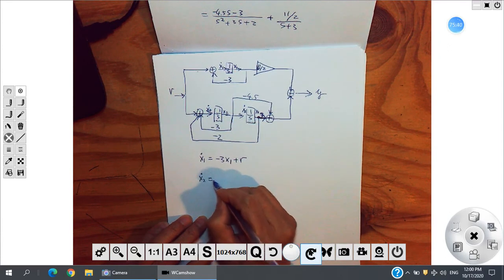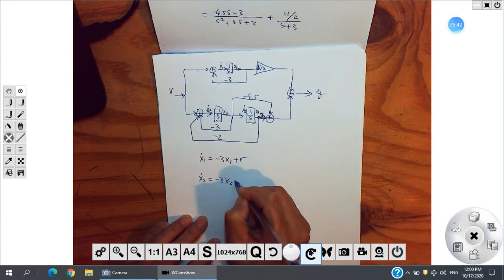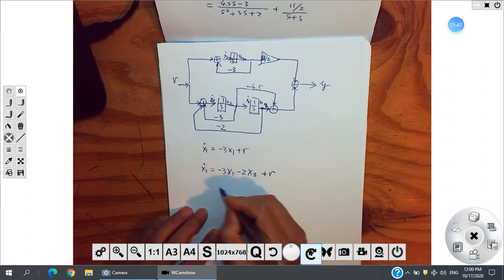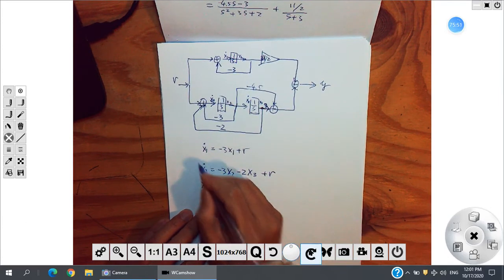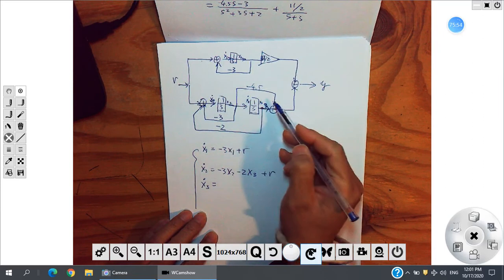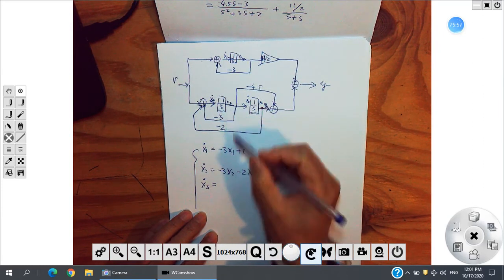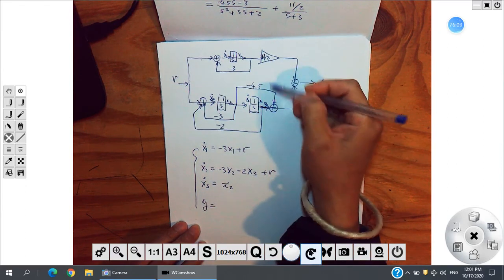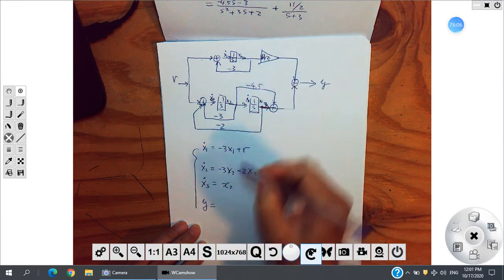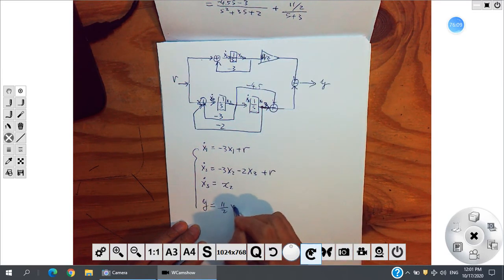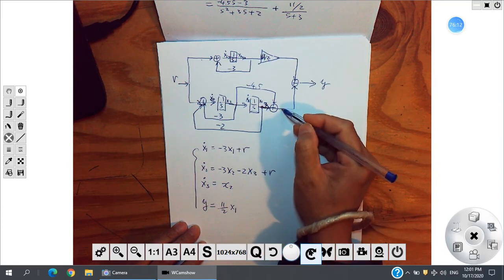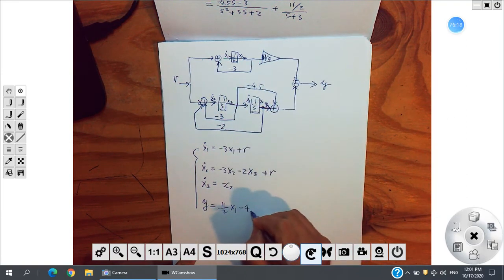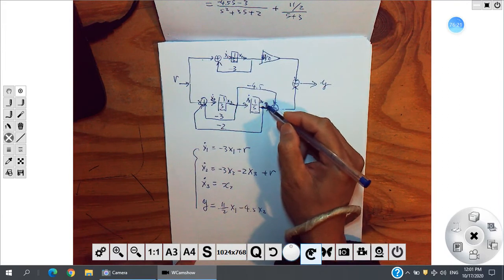So it is -3 times x2 minus 2 times x3 plus r. And x3 dot is just equal to x2. And y will equal the summation of these signals: 11/2 times x1, -4.5 times x2, and 3 times x3.